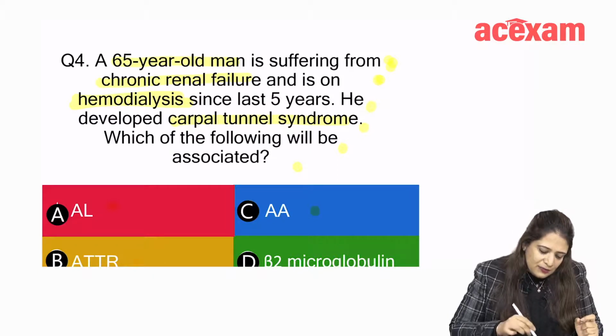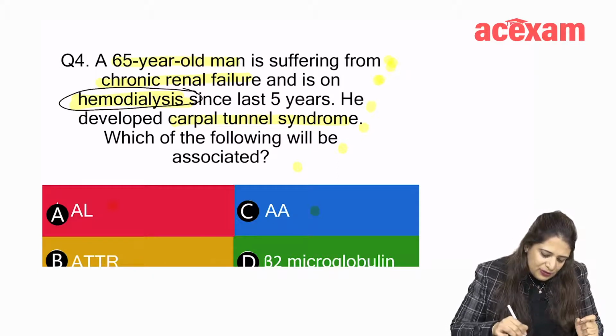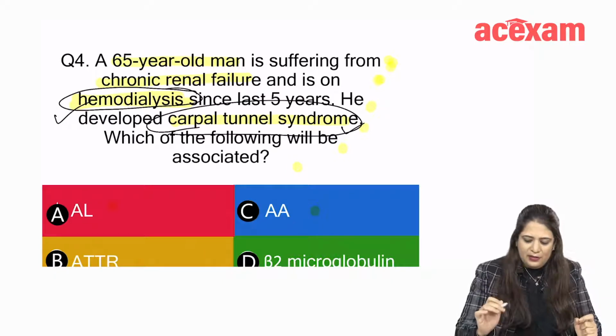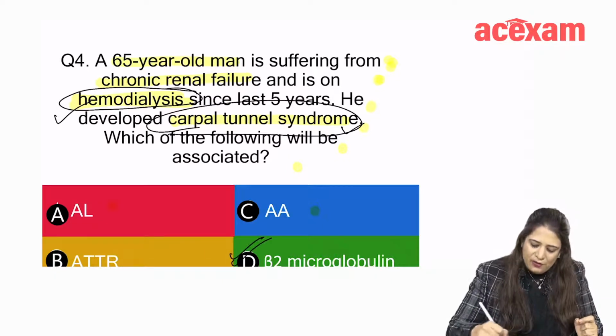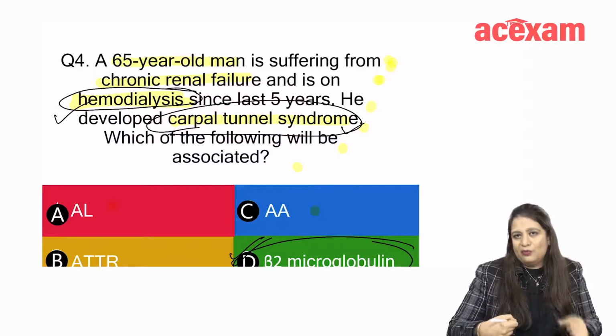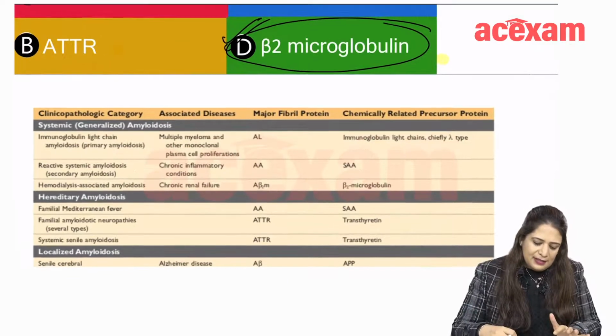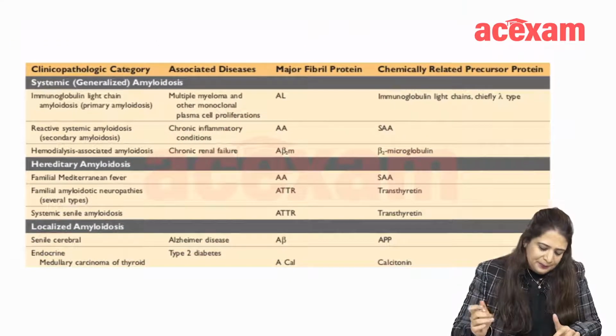So first hint which has been provided to you is that the patient has had hemodialysis and is now presenting as carpal tunnel syndrome. So the answer to this question is beta-2 microglobulin. Though this is actually a factual question. So to answer this, let us revise this table from Robbins.